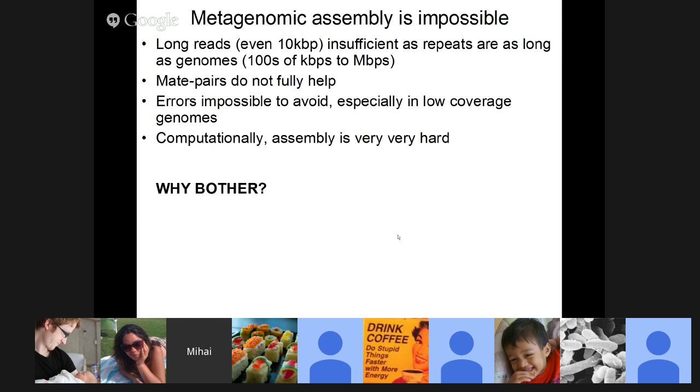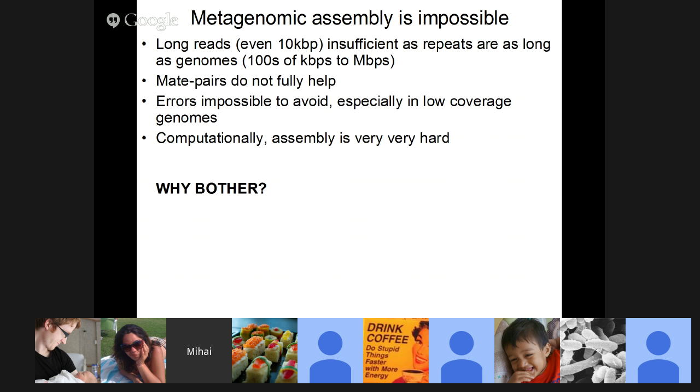So I'm coming back to this idea that, well, metagenomic assembly probably is impossible. So in metagenomics, separating out strains will not work even if reads are very long, because we can't generate reads as long as genomes nowadays. Mate pair information is not very, very useful. And errors are really impossible to avoid, especially when you're looking at these places where there's missing information.